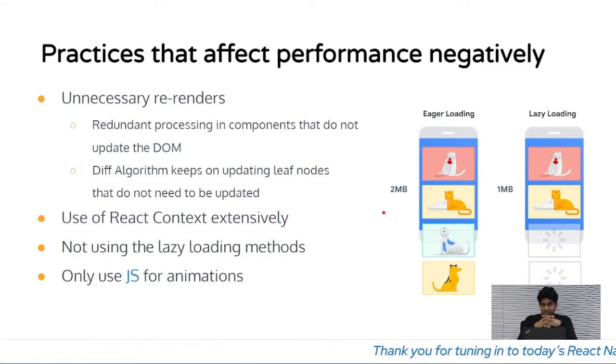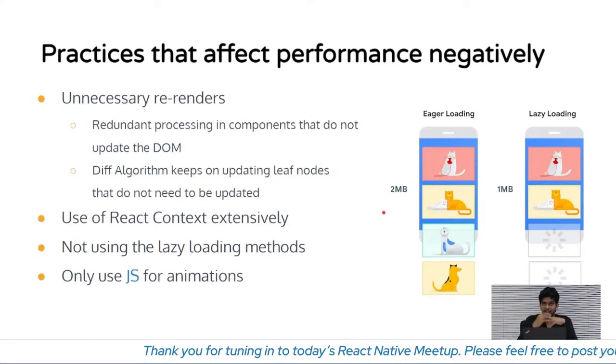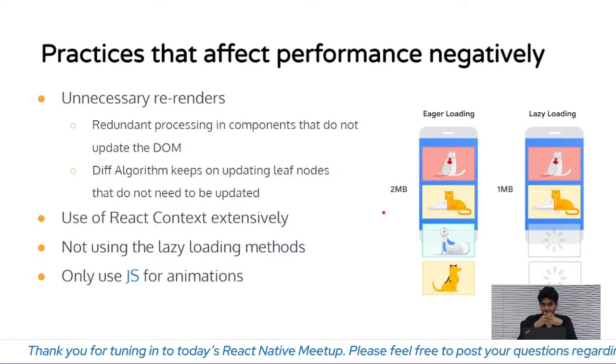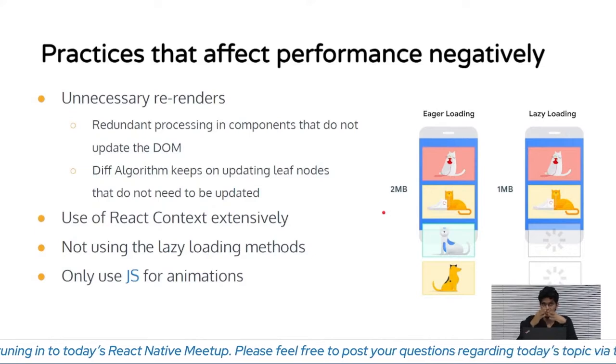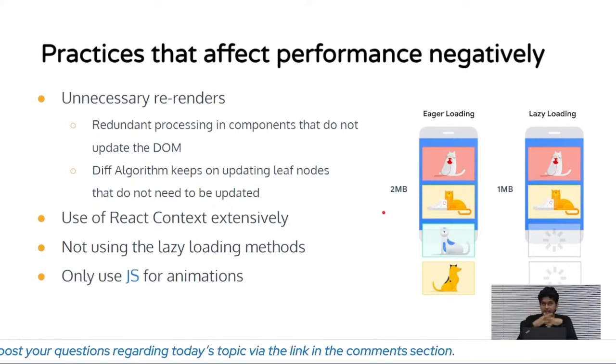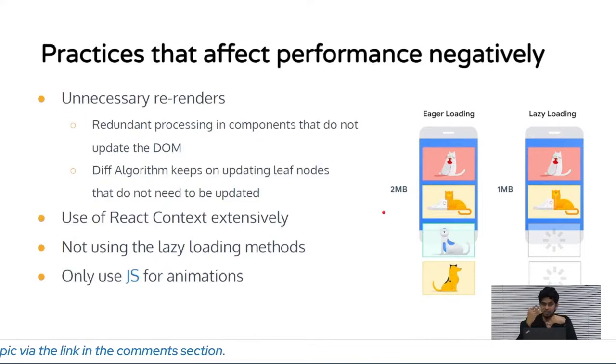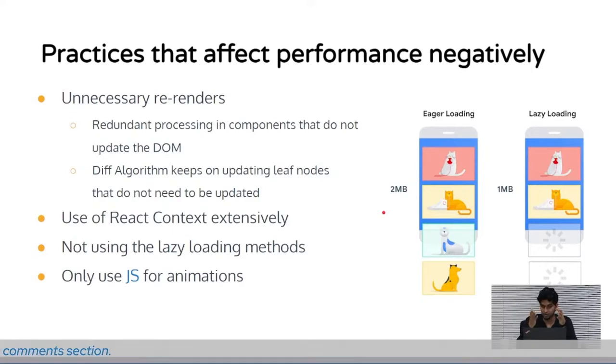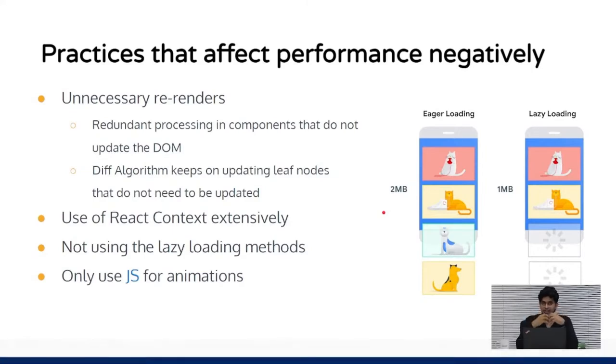The diffing algorithm has some considerations that make it fast: if the parent component is updated, then the children components will also get updated. If you want to learn more about the diffing algorithm, you can go to the React documentation, where lots of information is available.